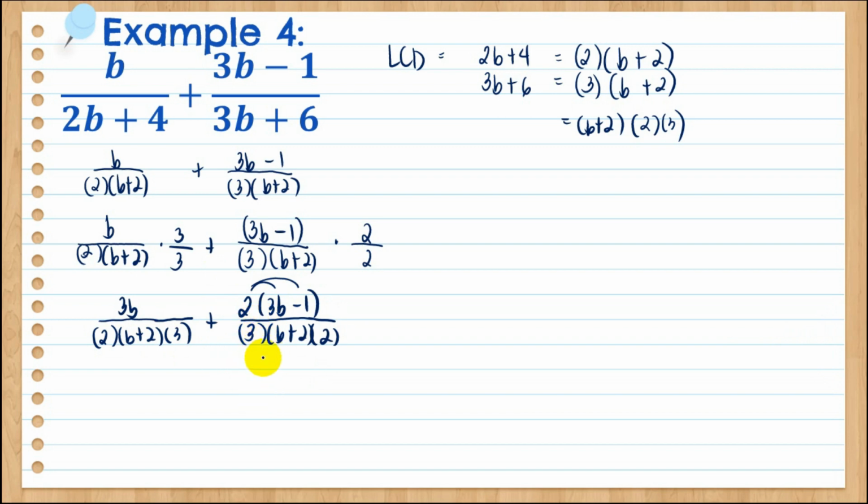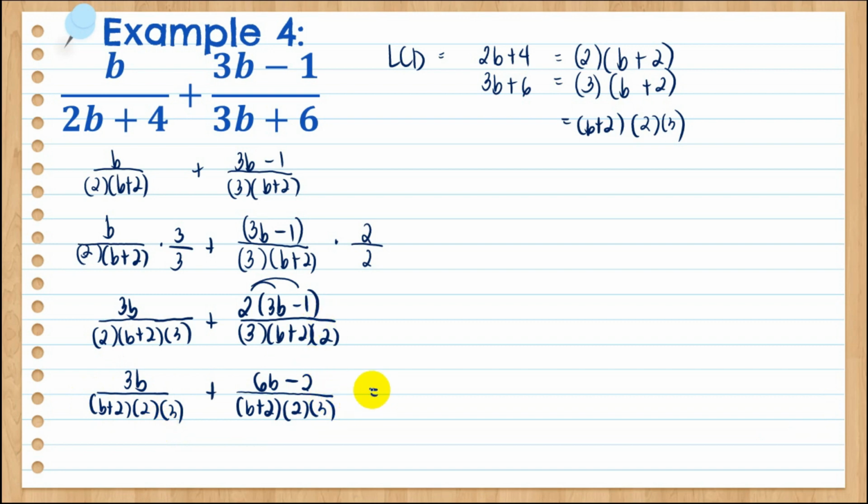We're going to have 2 times 3b is 6b. And then 2 times negative 1, we have negative 2 or minus 2. Again, our common denominator, pwede natin siyang i-rewrite as b plus 2 times 2 times 3. Same as yung first RAE natin, 3b all over b plus 2 times 2 times 3.